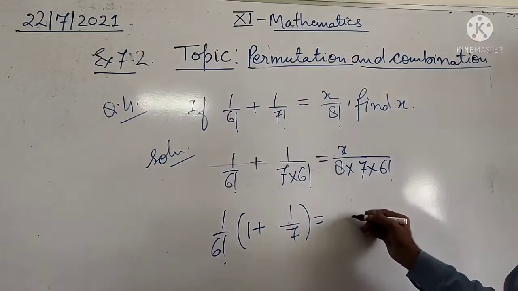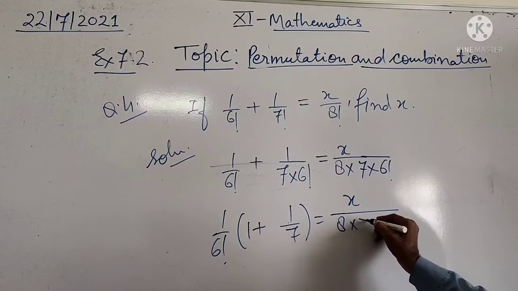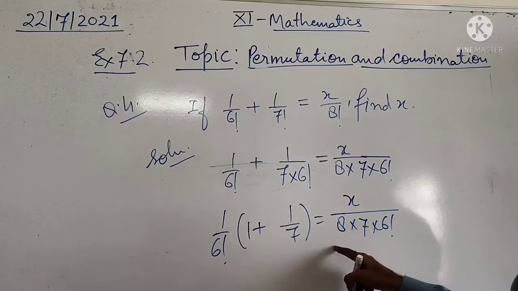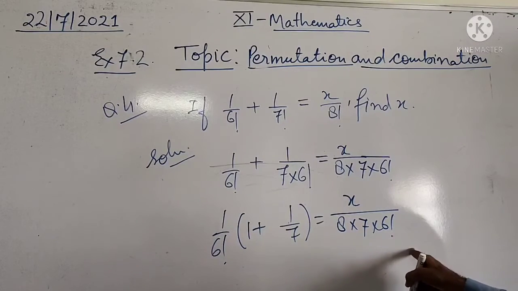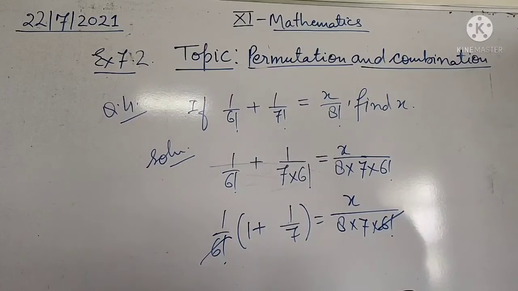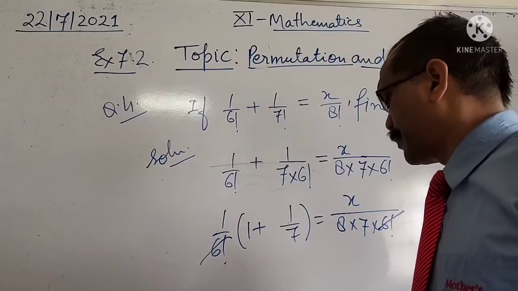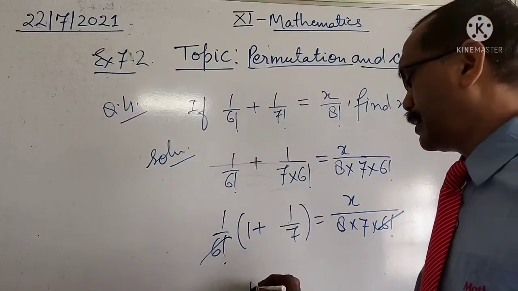is equal to x upon 8 into 7 into 6 factorial. Here 6 factorial cancels out, then take the LCM. LCM is 7.